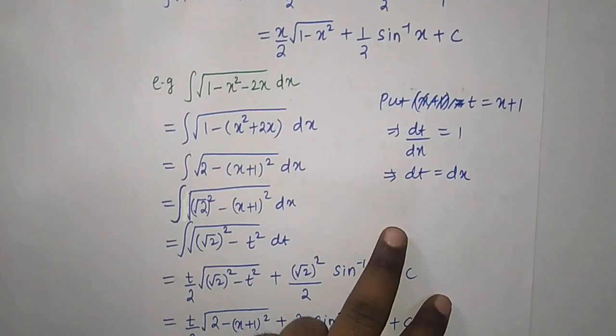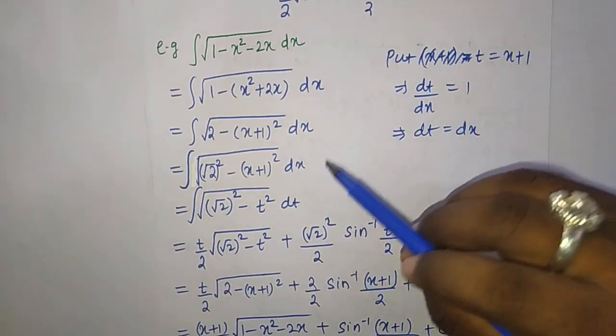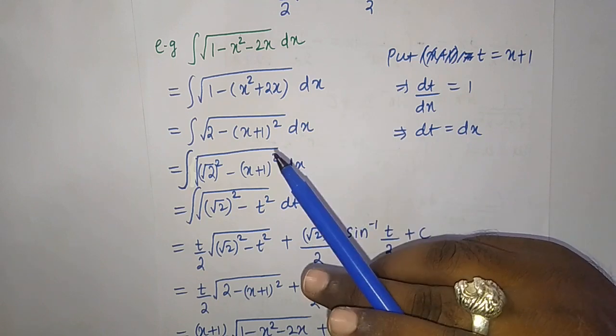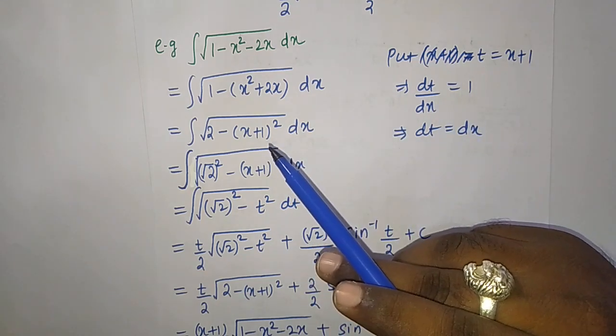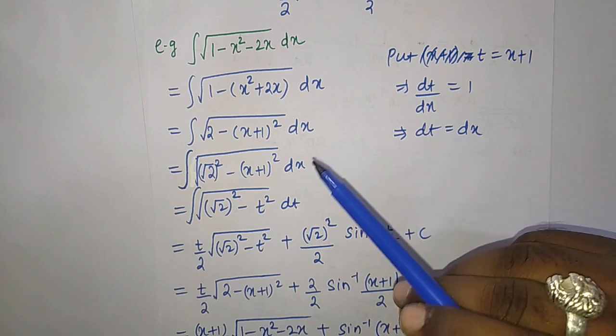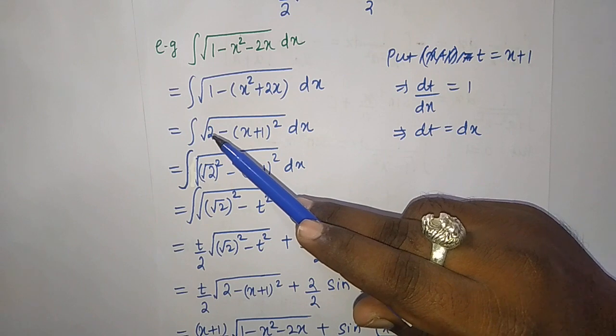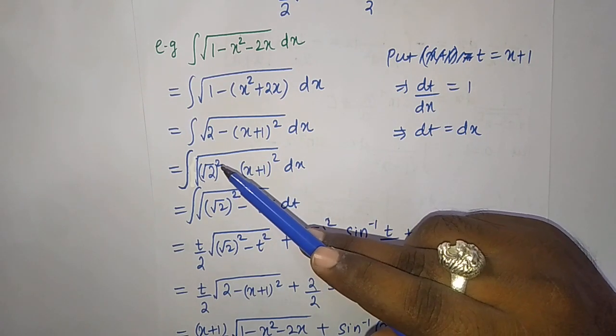Now continue the example. In place of x plus 1 we will put t. After putting t here, we get dt equal to dx. In place of 2 we can write root 2 whole square.